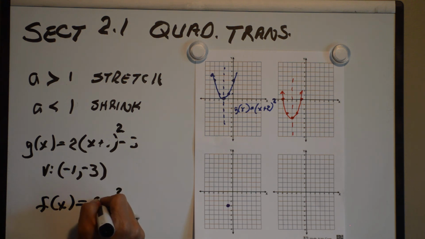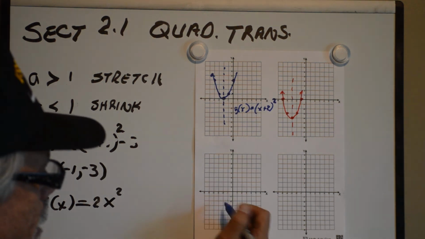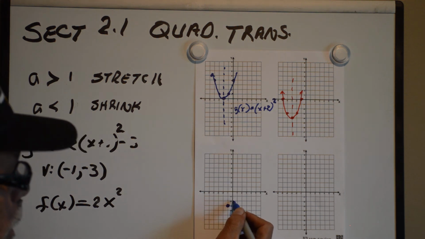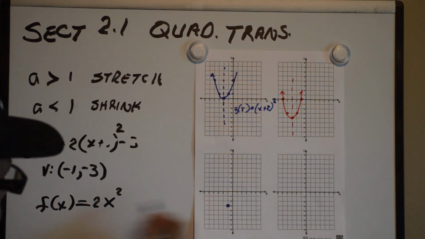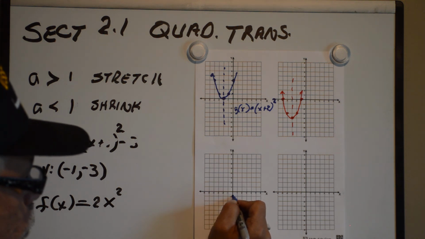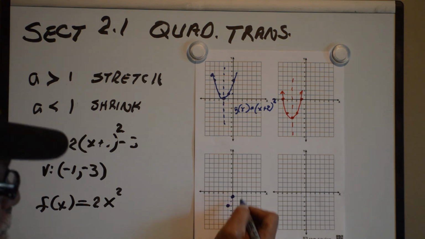but now I have that multiplier in front of it. So we go from 0, 0, then we go to 1, 1. But instead of 1, 1, we have to go up 2 because of that multiplier. When x is 1, y is 2. When x is 2, y is usually 4.